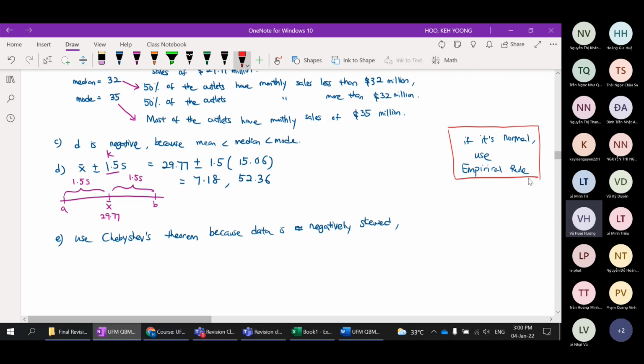If it's normal, we use the empirical rule. If it's any other distribution, we apply Chebyshev's theorem, which is 1 minus 1 over k squared. But again, we want to find the k value.